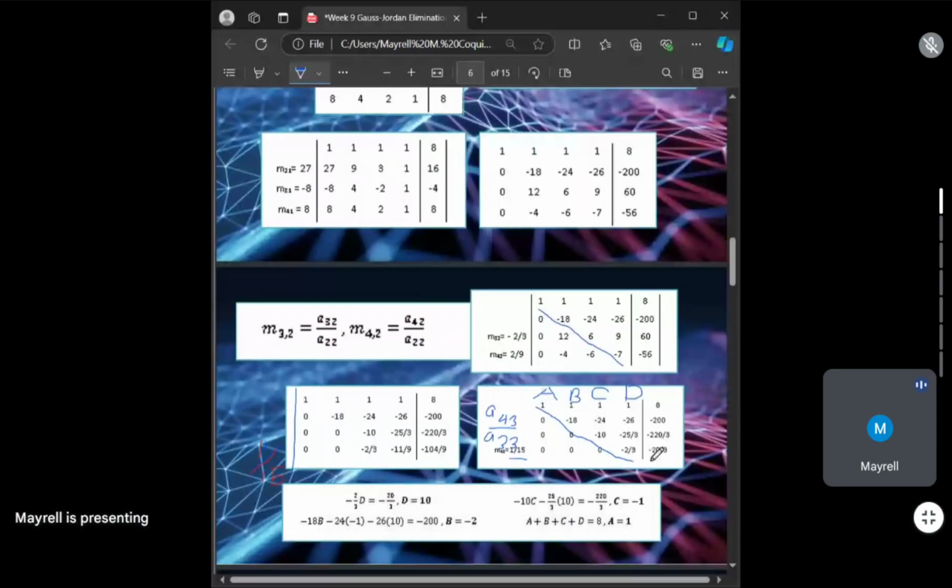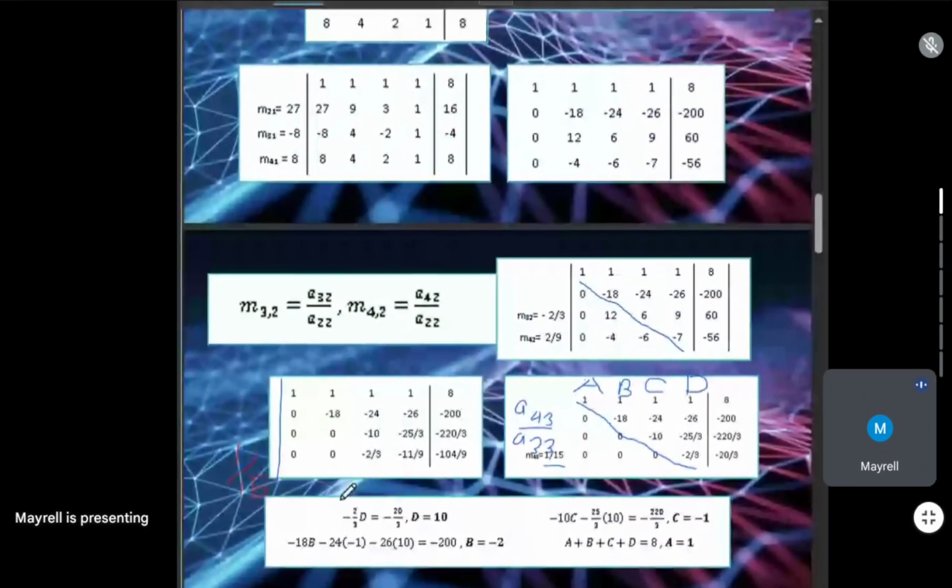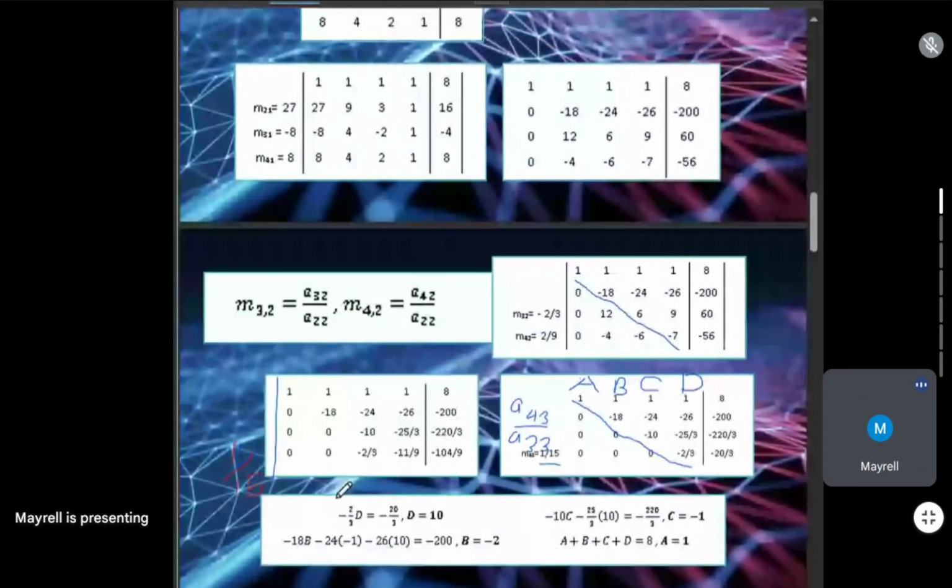Negative 2/3 D equals negative 20 over 3. So, with that lang, we can already solve for D, which is D is equals to 10. Then we can move to row 3. Dirita.